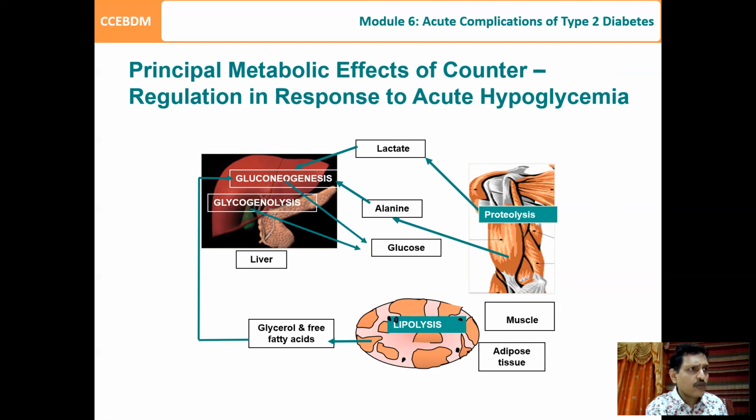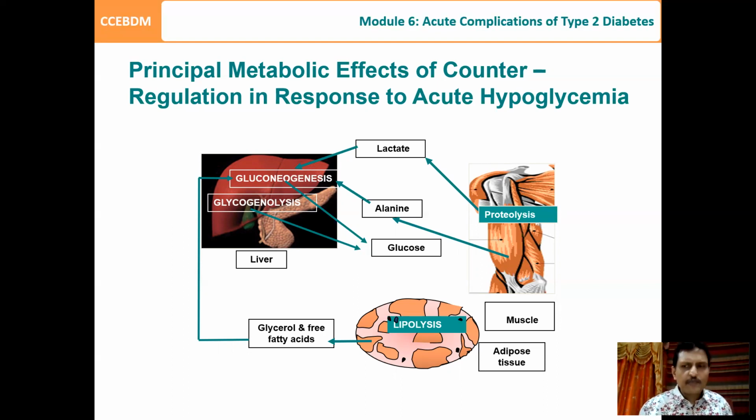Now, when there is proteolysis, there is a production of amino acids, which again will be utilized by the gluconeogenesis pathway. Muscle glycogen cannot be broken down into glucose, so it is broken down into lactate, and this lactate is taken up by the liver for the gluconeogenetic pathway.